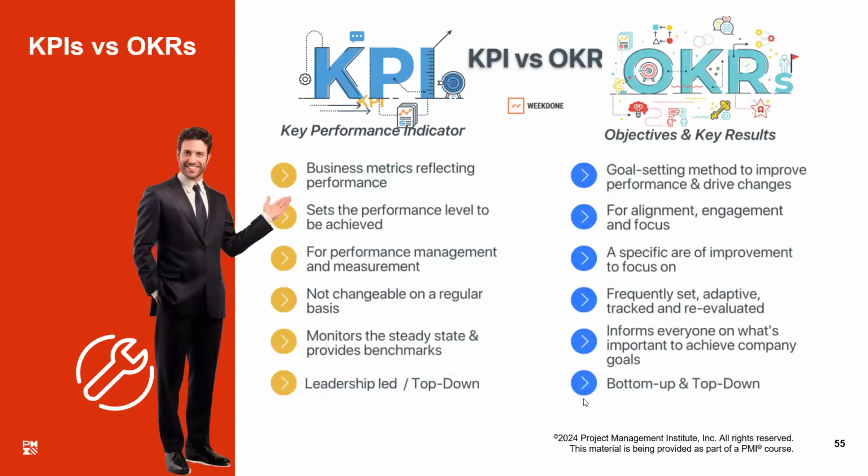The differences between KPIs and OKRs, as I have just mentioned earlier: KPIs are business metrics reflecting performance. The focus of a KPI is on the performance, not on actual goal setting or fulfilling the organizational objectives.